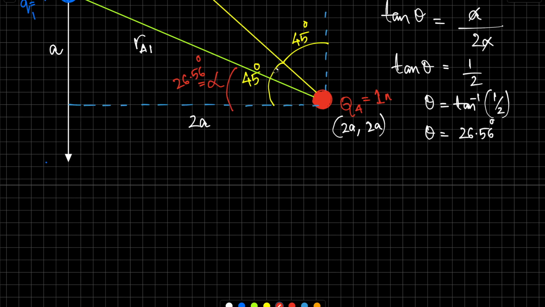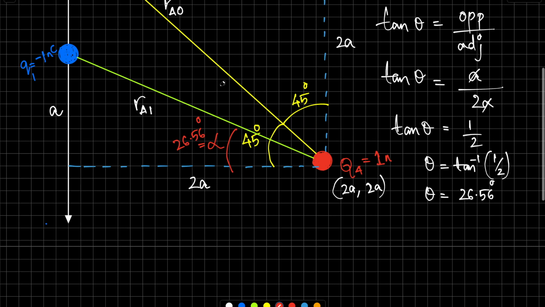So this total angle is 45 degrees and this angle is 26.56 degrees. So I need to find this angle. This is my main angle. I'm going to call it theta. How do you find theta?